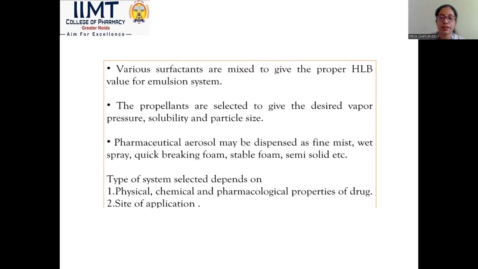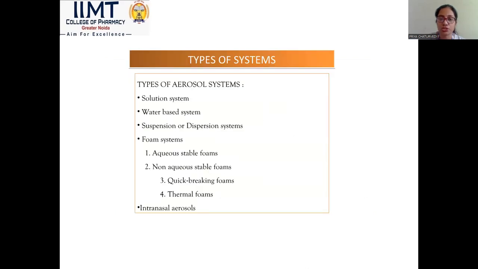The pharmaceutical aerosols may be dispensed as fine mist, wet spray, stable foams, semi-solid, breaking foam, etc. The type of system selected depends on physical, chemical, pharmacological properties of drugs and the site of application.